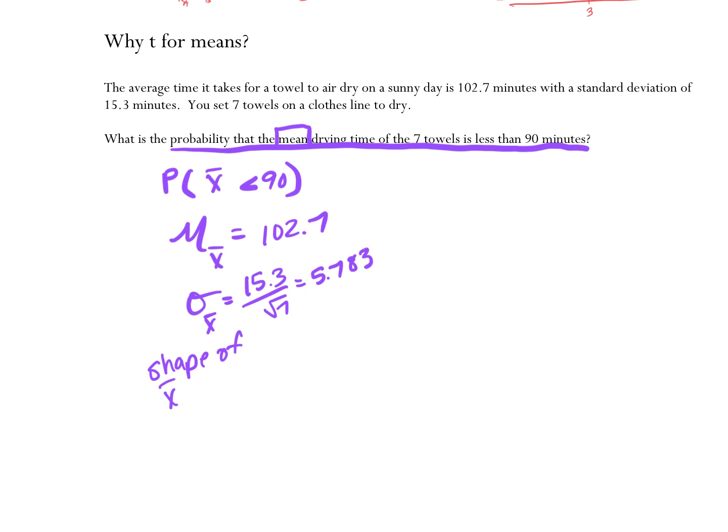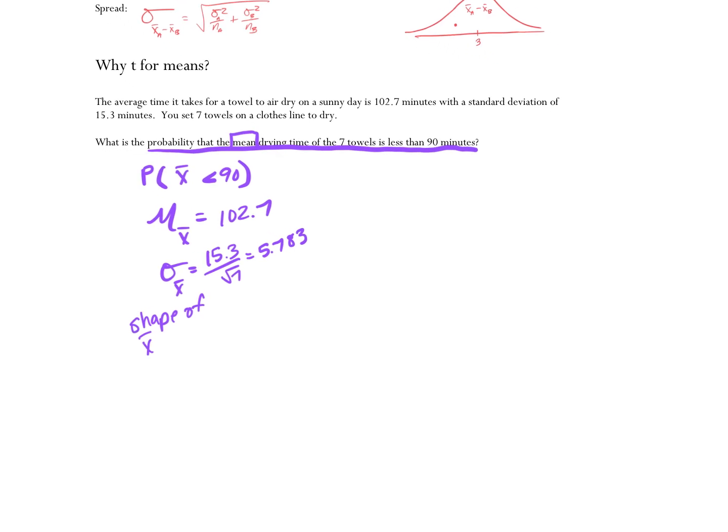What about the shape of my X bars? Yeah, we weren't told anything about the population. Now, that being said, do you believe, based on what you know about normal distributions, that this population would probably be normal?